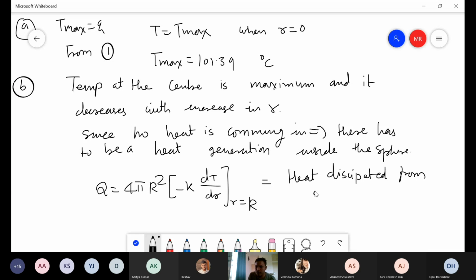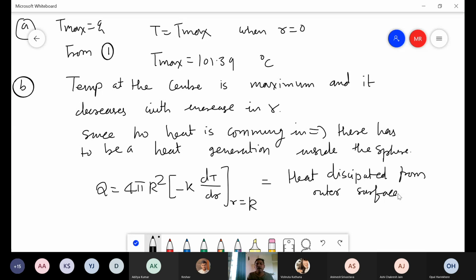This is the rate of heat dissipation from the outer surface.